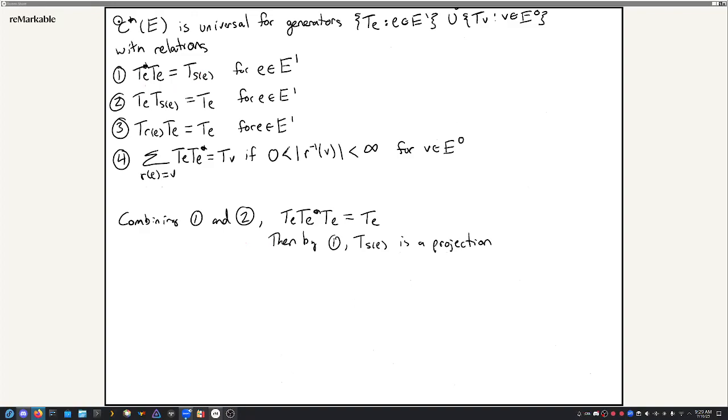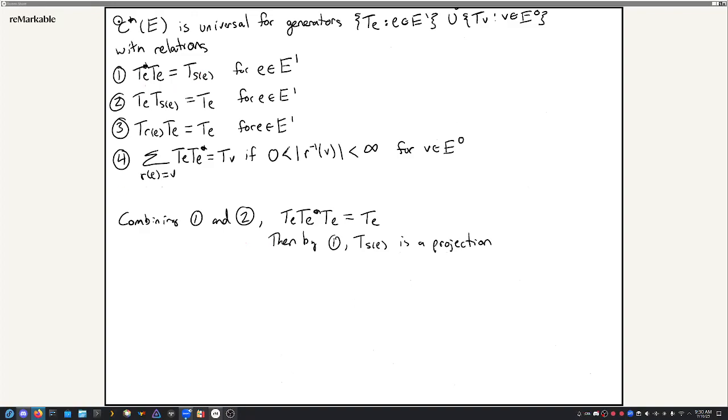And now I'm realizing that if you have a vertex which isn't the source of any edge, then these relations don't tell you that the vertex is a projection, but that's something you require. So I think my notes that I'm using don't have that relation, but I need that.